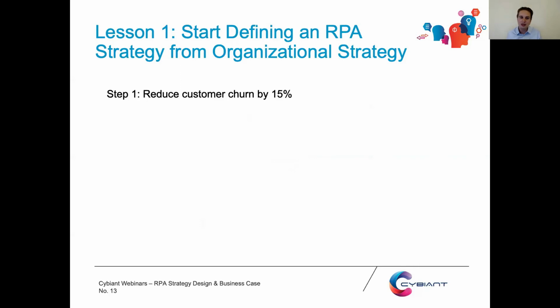So in order to make this a little bit more practical, I have the same slide, but with an actual practical use case. Let's say that the organizational strategy and objective is to reduce customer churn, and let's say that this needs to be done by 15%. In order to achieve that, we want to make sure that contracts are renewed quicker.